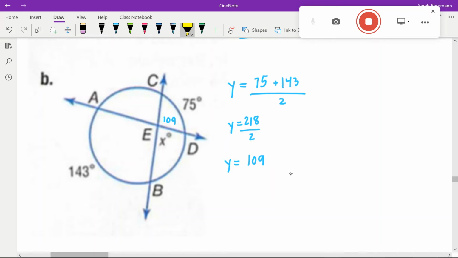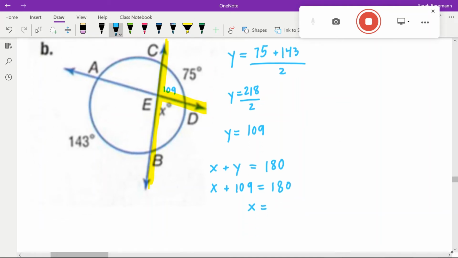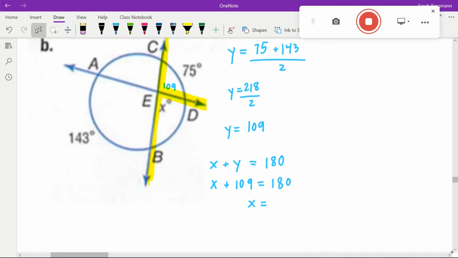Now remember what we were planning: x and y together create a straight line, so they must be supplementary. We know x plus y must add up to 180. Since y is 109, x must be 180 minus 109, therefore x is 71.